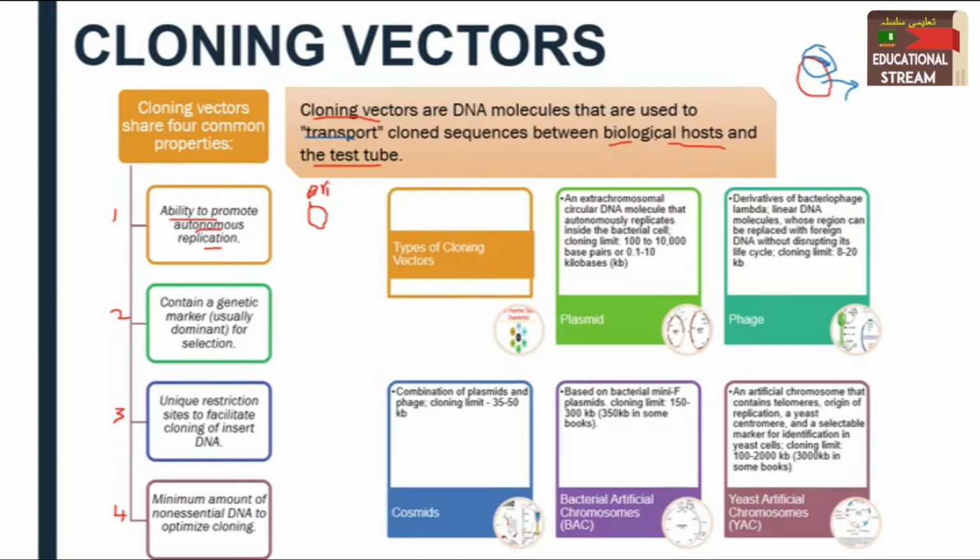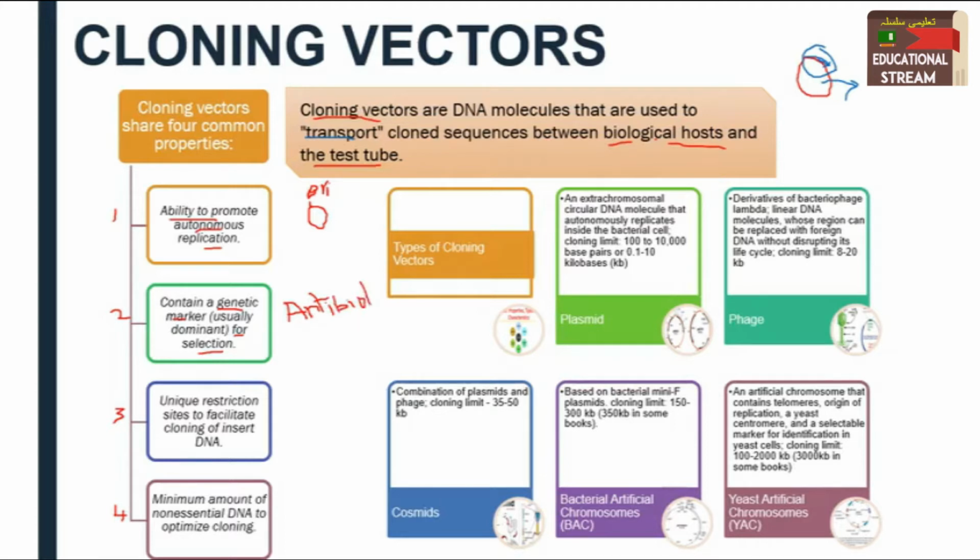Second important property is they contain a genetic marker, usually dominant, for selection. The genetic marker that is mostly used is an antibiotic resistance gene. For example, the bacteria that we are using as a host cannot survive in a specific antibiotic condition if we provide it into the media.